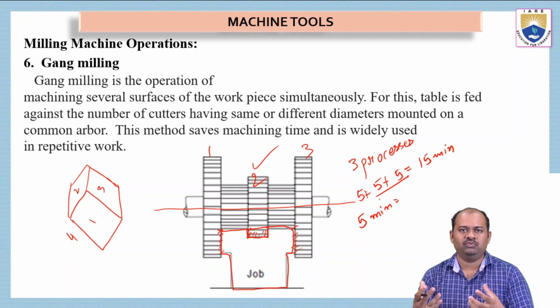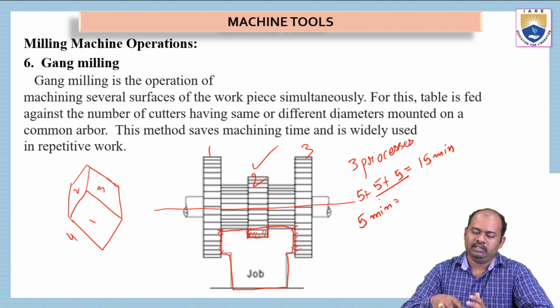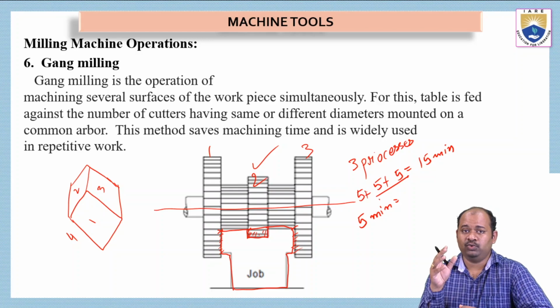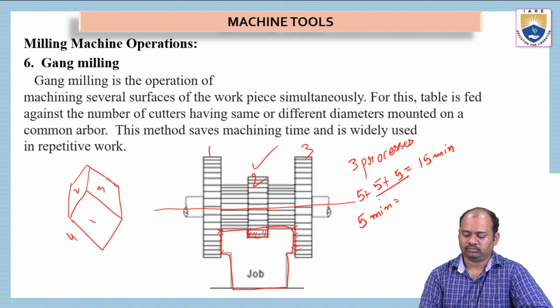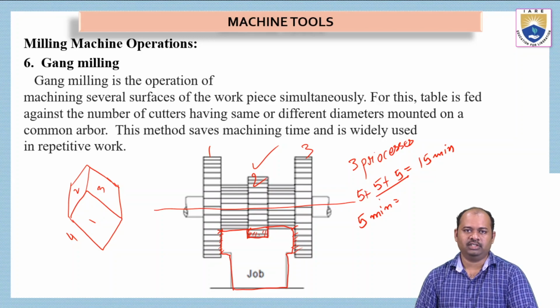In most cases where multiple cutting tools can work at the same time, this process is very useful because we can reduce the working time. Maybe 1/3 of the working time may be reduced. So that is why the gang milling process is one of the very interesting applications in the milling process.